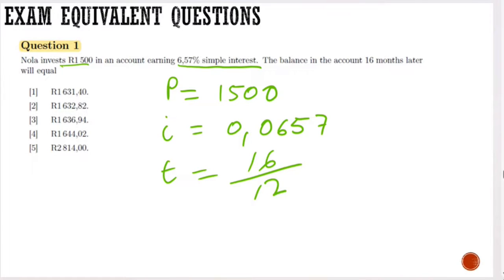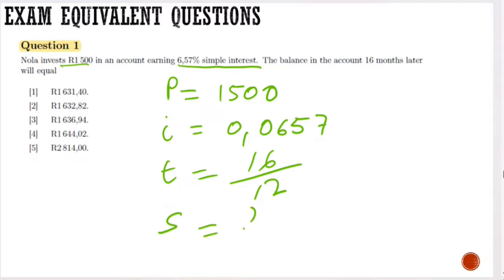It must be a fraction because it's given in months, okay, because remember we said the time is per annum. So now if the time is given in months, it needs to be divided by number of months. And then what else? You are asked to find what?